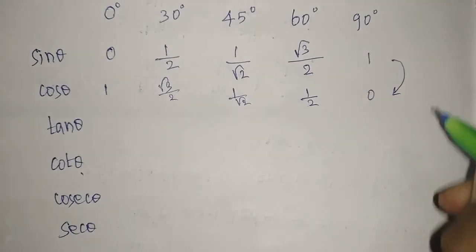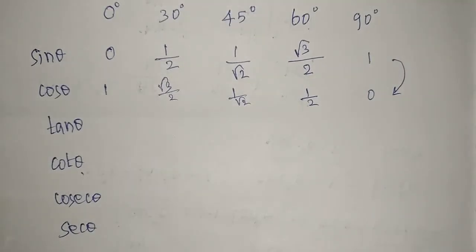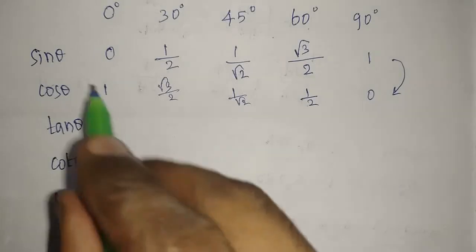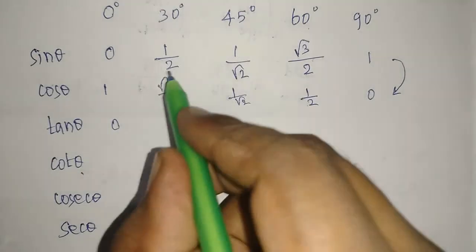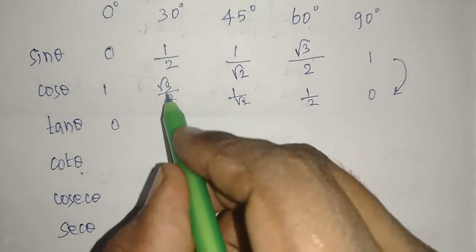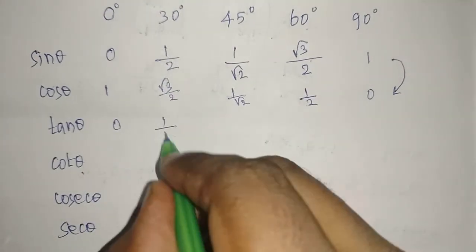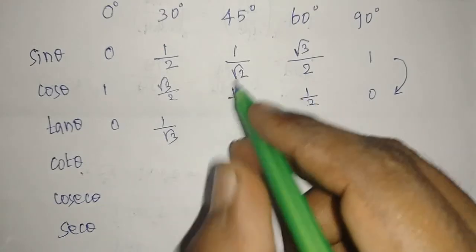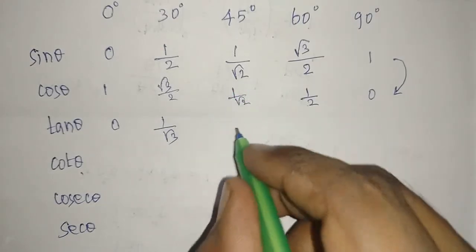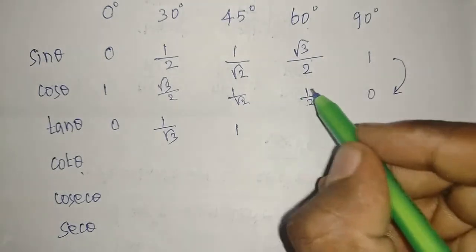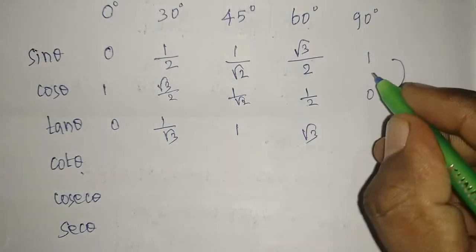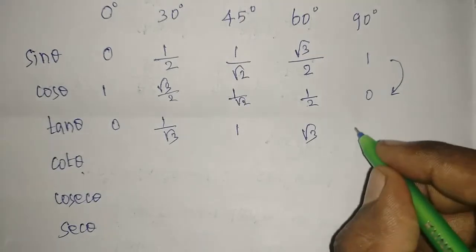We are writing reciprocally. Reciprocal means we are following the reverse order. Here we are dividing 0 by anything, 0. If you divide this together, 2 will cancel, then 1 by root 3. Here if you divide, fully will cancel, you will get 1. If you divide this, 2 cancel, root 3 by 1 means root 3. If you divide this, 1 by 0 means not defined.